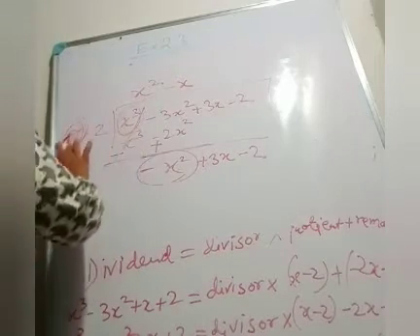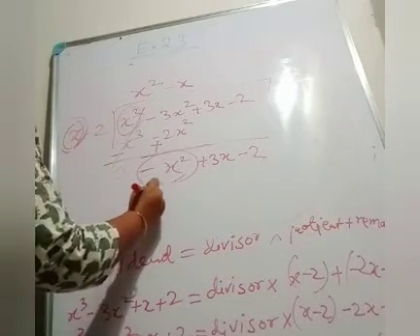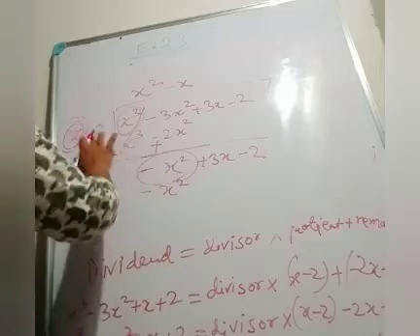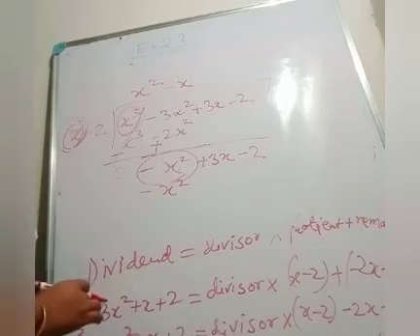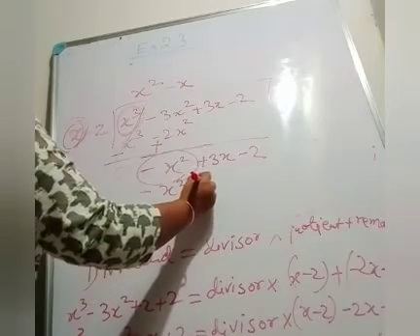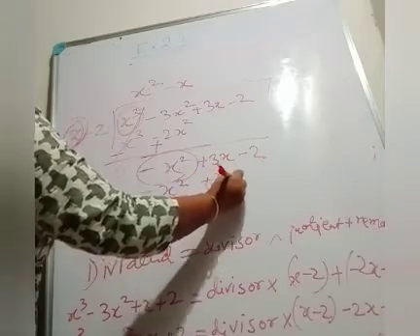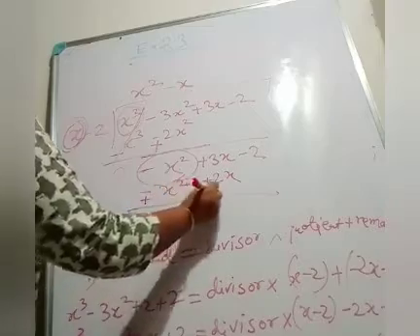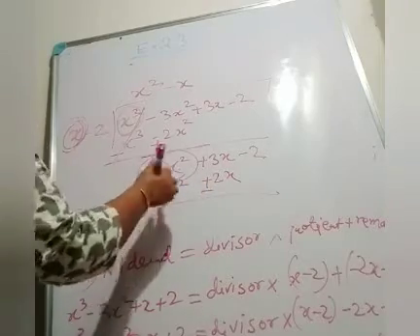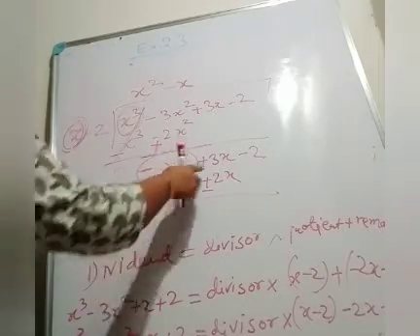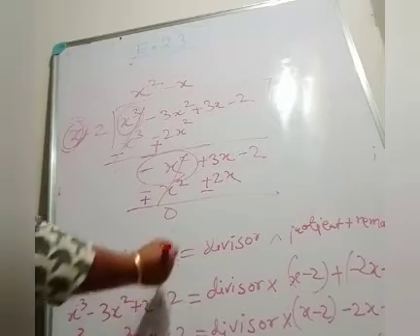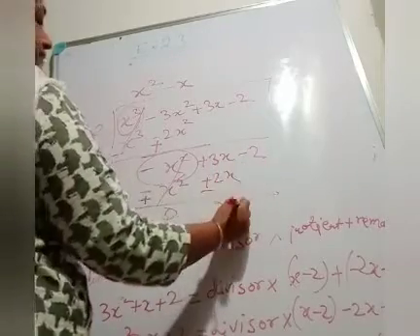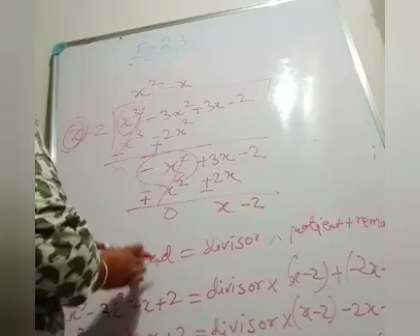So now multiply this minus x with the divisor one by one, we will get minus x square, and minus 2 into minus x is plus 2x. Now subtracting by changing their sign, we will get minus x square plus x square is 0 and plus 3x minus 2x is x, and write minus 2 as it is because there is no term under this.